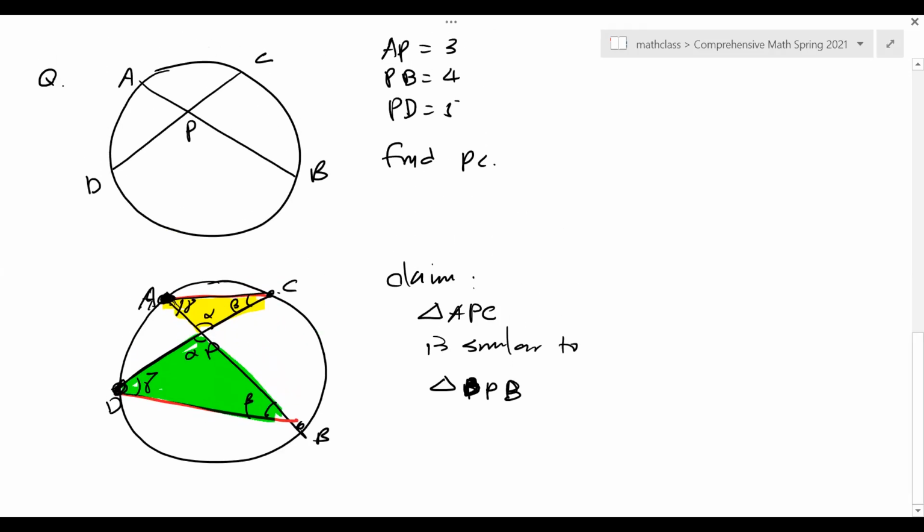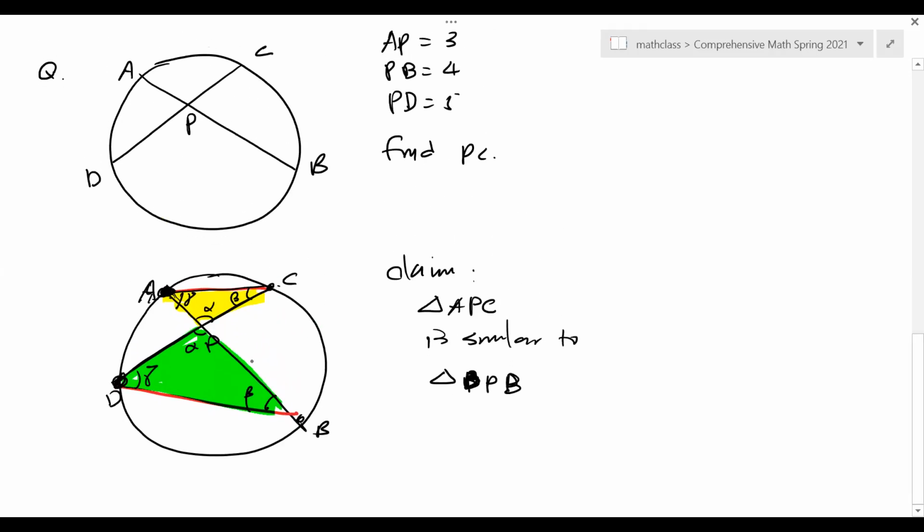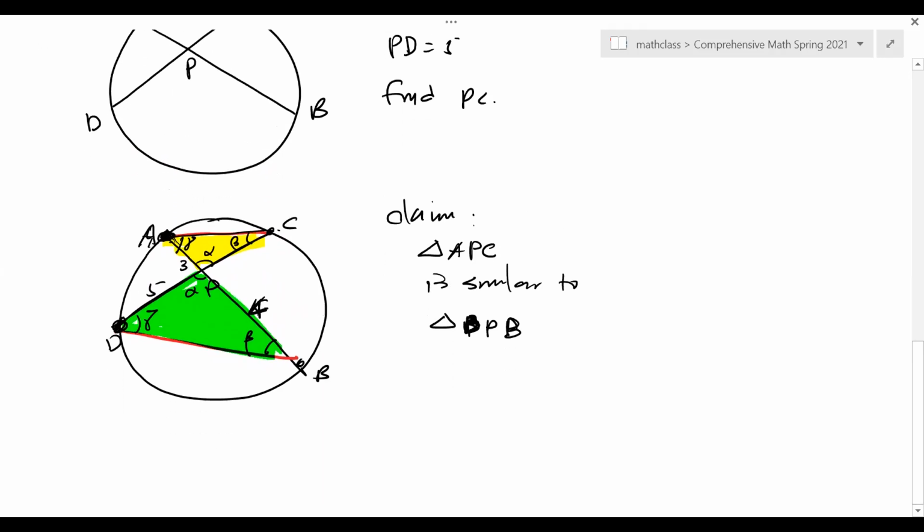Then you can solve the problem easily, right? This is a 5. P and B, this is 4, and AP is 3. So AP over DP, because these are corresponding sides, is equal to AC over DB, and equal to the corresponding sides PC and PB.